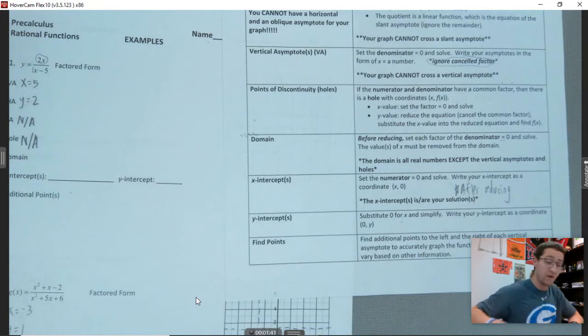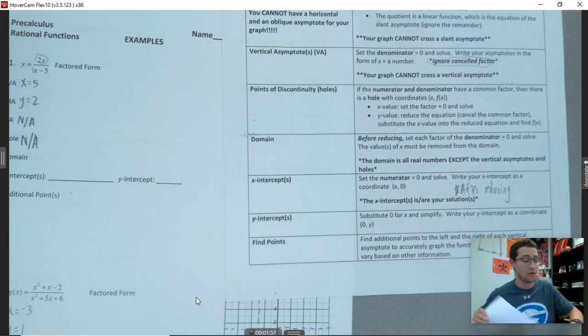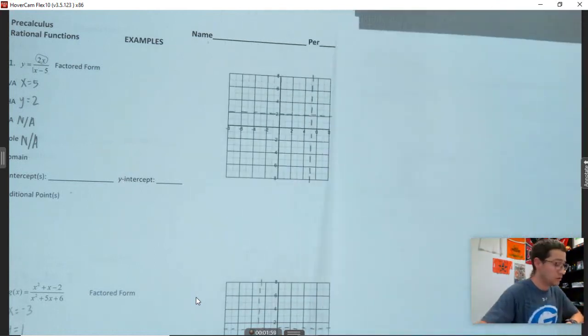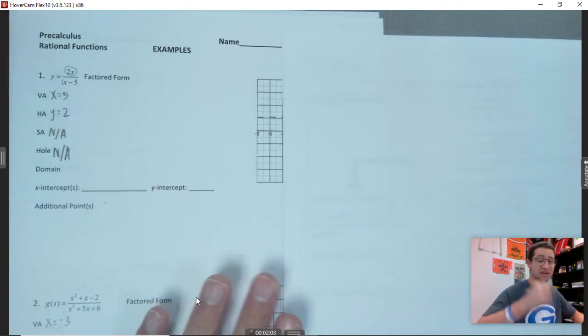It's very similar to when we were working with domain and range with parent functions in general. Anytime we had something on the bottom, you can never divide by 0, so you have to take out that value. That's what we're going to do with the domain for each of these, because if you have x on the bottom, then you've got to take out that value.